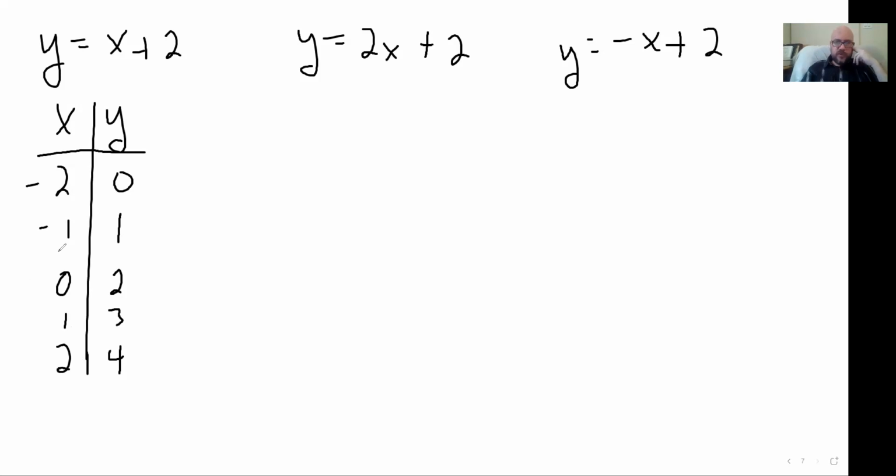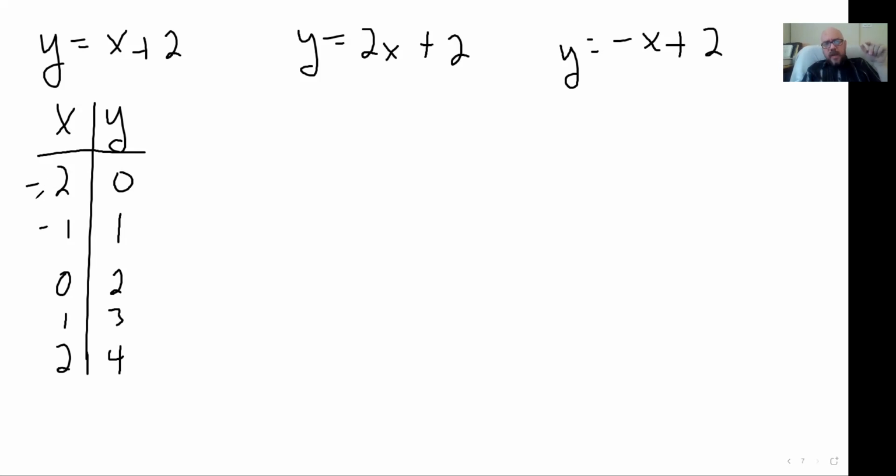You might say to yourself, well, Jeff, that had an obvious pattern to it. It does, right? The x's went up by 1 and the y's went up by 1. So remember, the slope of the line is the change in y per unit change in x. And when I say unit, by the way, I mean 1.